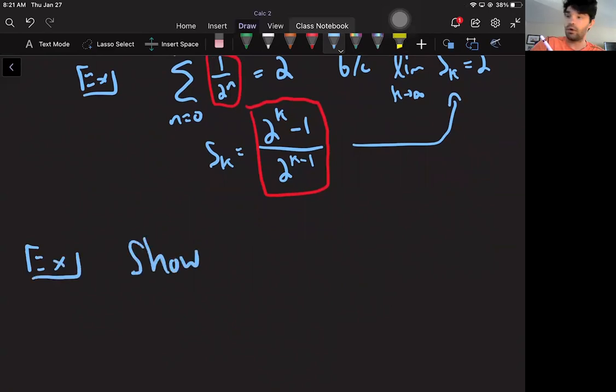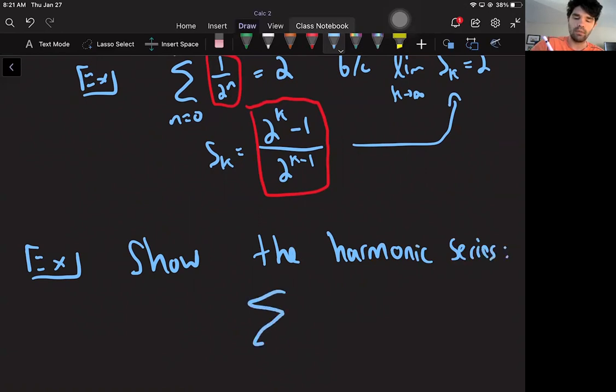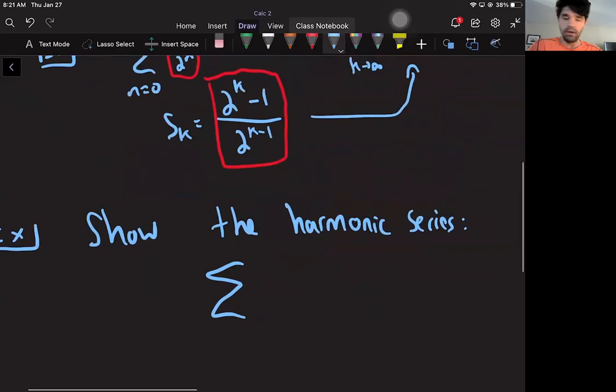So we are going to show that the harmonic series, which is a very classic example, the harmonic series is the infinite sum from 1 to infinity of 1 over n. So what does this look like?